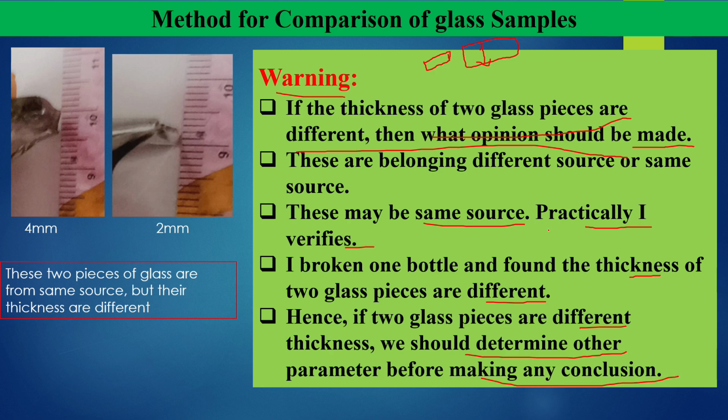This is very, very important. In this case, whether it is 4 mm or 2 mm, these two glass pieces are from the same source. As I described, when I was preparing this video, I broke a bottle, and because of the manufacturing, the thickness of different parts of the bottle was different. So the thickness of the two glass pieces was found different.